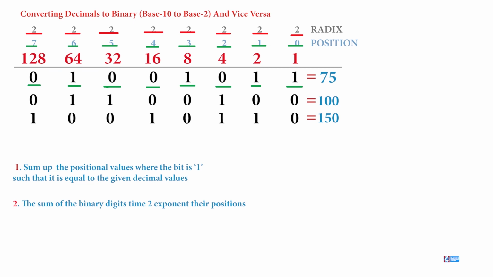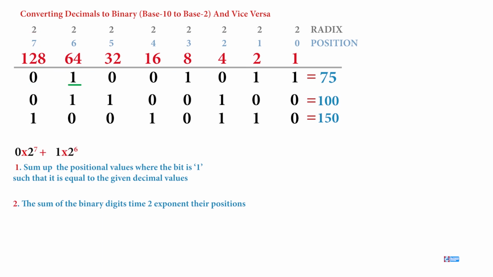Following the formula, it becomes 0 multiplied by 2 exponent 7 plus 1 multiplied by 2 exponent 6 plus 0 multiplied by 2 exponent 5 plus 0 multiplied by 2 exponent 4 plus 1 multiplied by 2 exponent 3 plus 0 multiplied by 2 exponent 2 plus 1 multiplied by 2 exponent 1 plus 1 multiplied by 2 exponent 0.